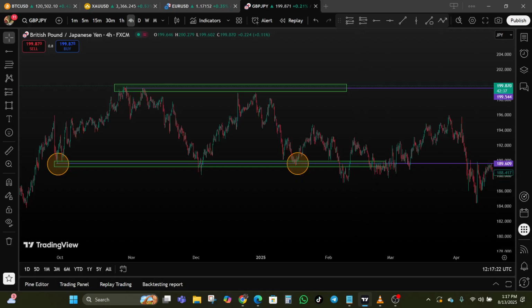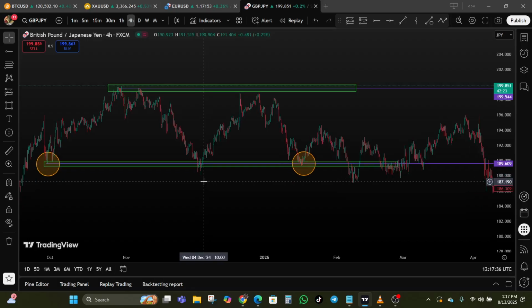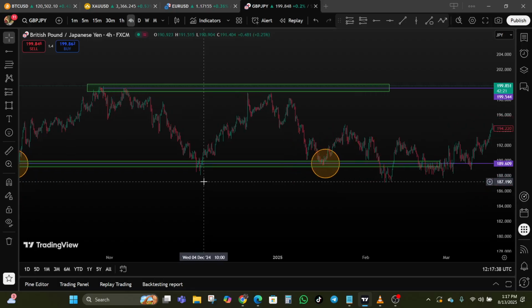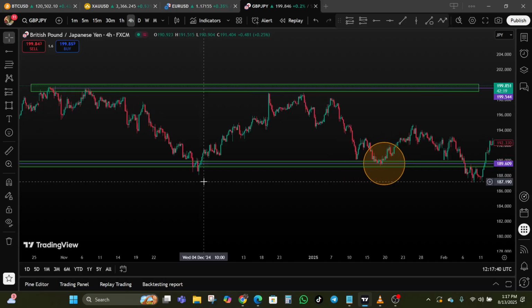So to confirm a fake out, you have to wait for the price to break the key level and lure traders in. Then you wait for price to show a strong rejection candle or engulfing pattern in the opposite direction. For example, let us look closely at what happened here.